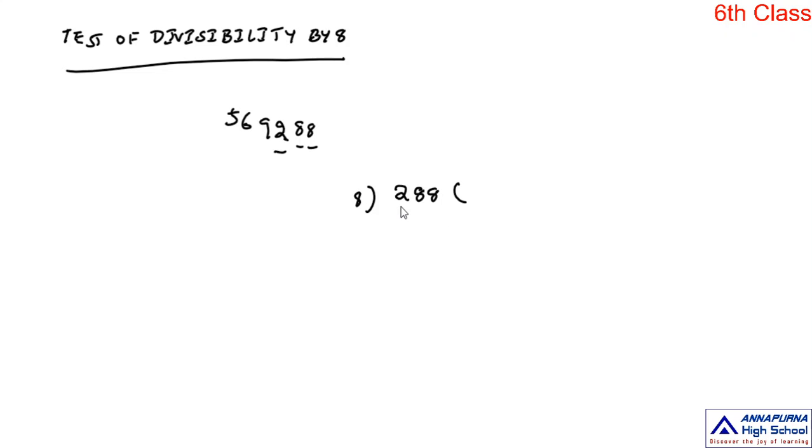We take two digits, 28. 8 twos are 16, 8 threes are 24, 8 fours are 32, which is more than 28. So 8 threes are 24. We subtract 24 from 28. The remainder is 4. Bring down the last digit, 8. 8 sixes are 48.